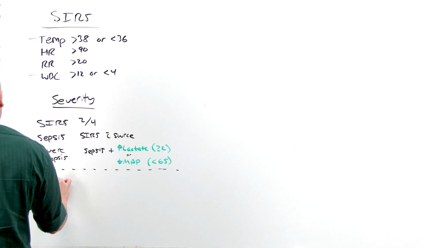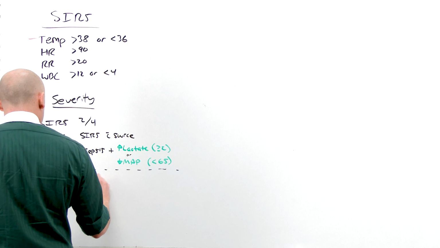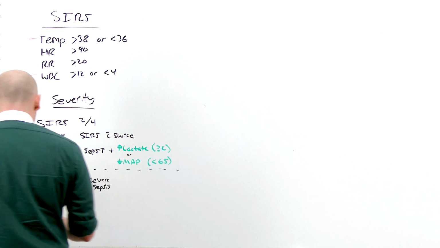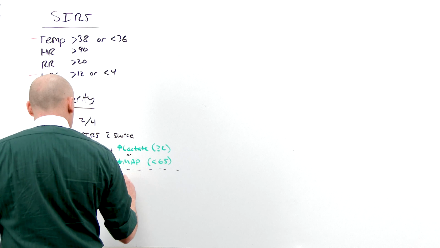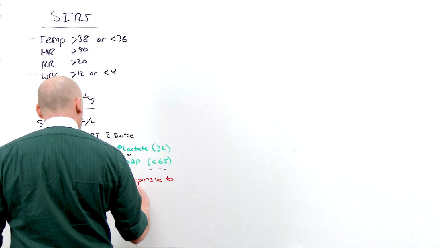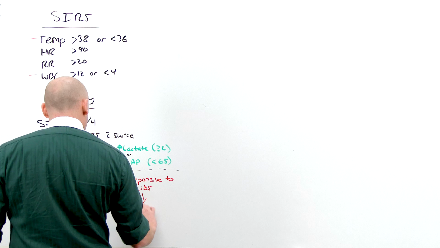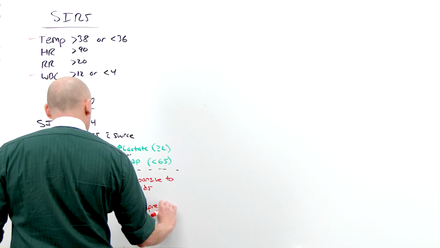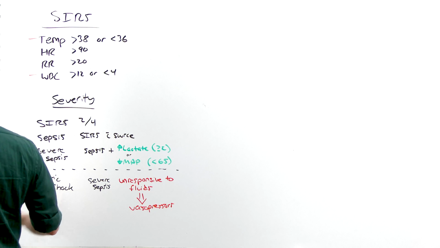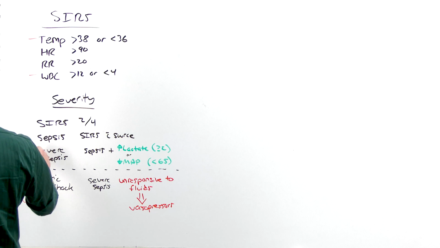Septic shock is severe sepsis that is unresponsive to fluids. And if they're unresponsive to fluids, they get vasopressors. Septic shock goes to the ICU. Severe sepsis, which is responsive to fluids, goes to the floor.